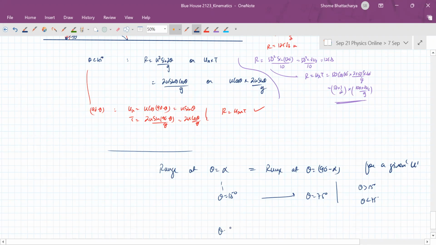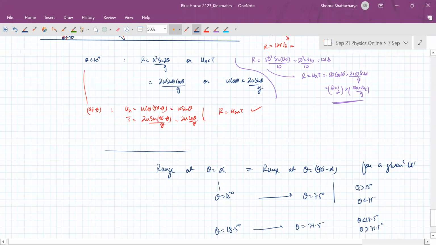And again, the range at 18.5 degrees is the same as the range at 71.5 degrees. So if I want theta to be less than 18.5 degrees, I also want theta to be greater than 71.5 degrees.